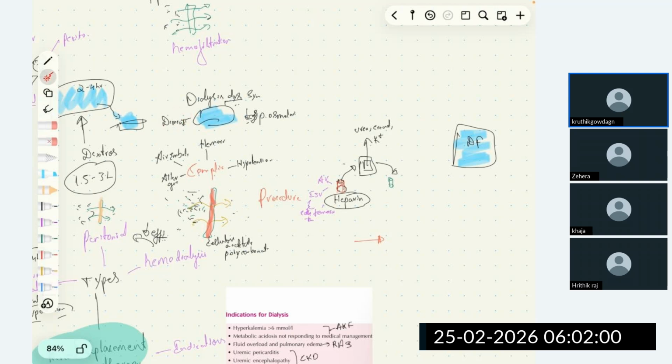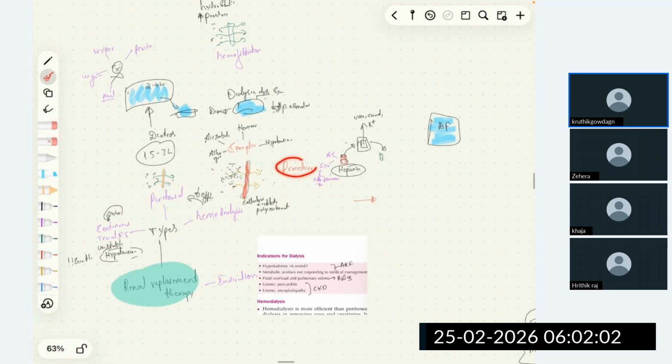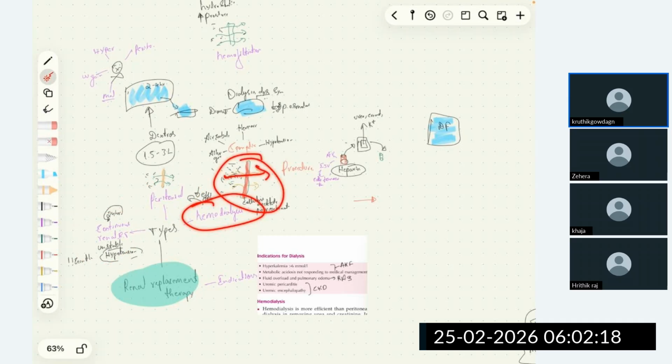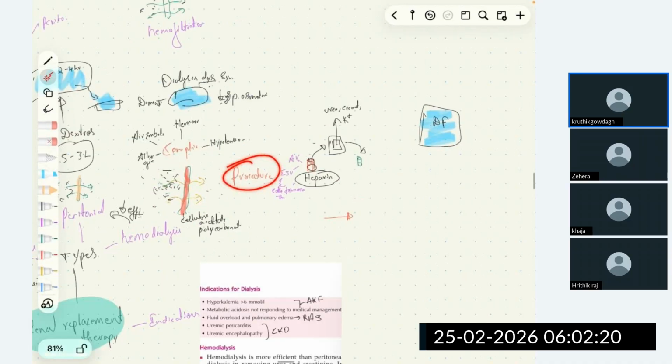These are all the procedure, complications, and principle of hemodialysis. We saw that under renal replacement therapy, we have three types: hemodialysis, peritoneal dialysis, and continuous renal replacement therapy. In hemodialysis, we saw the principle: movement from higher concentration to lower concentration. The procedure: draw blood, make it pass through the dialyzing machine, and reinfuse the blood.